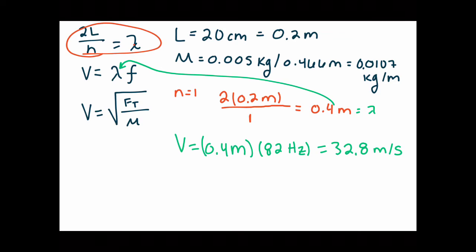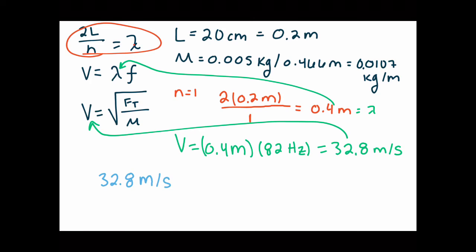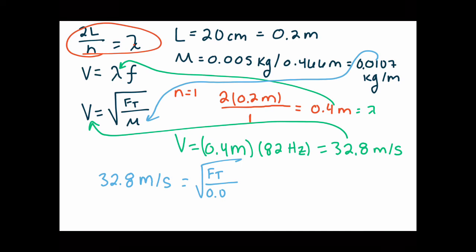So next, I'm going to plug that right into this equation. So if I do that, I'm going to have 32.8 meters per second equals the square root of force of tension divided by my mu calculation, which is 0.0107 kilograms per meter. So we want force of tension by itself.